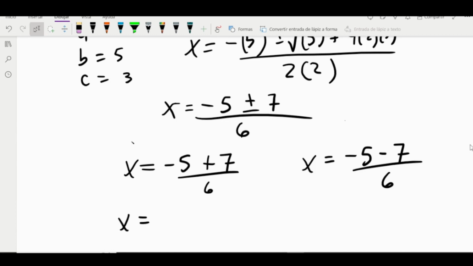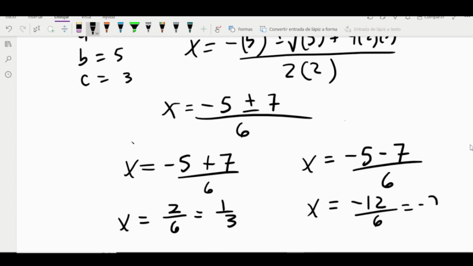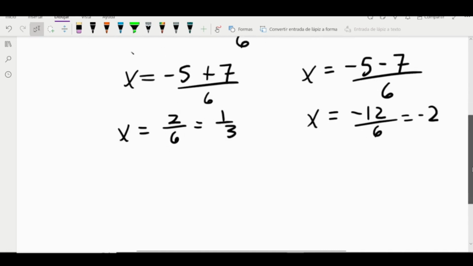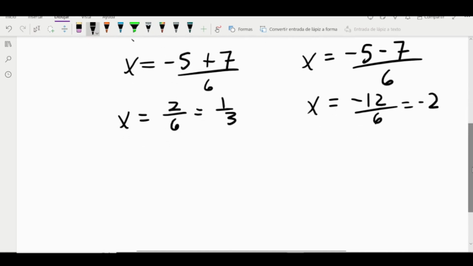So it's going to be 2 over 6, so 1 over 3, and the other one, minus 12 divided by 6, is going to be minus 2. So x equals 1 over 3, and x equals minus 2.